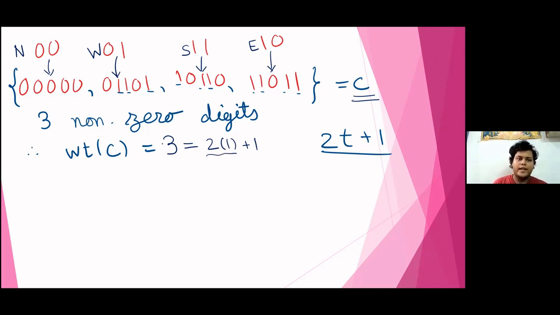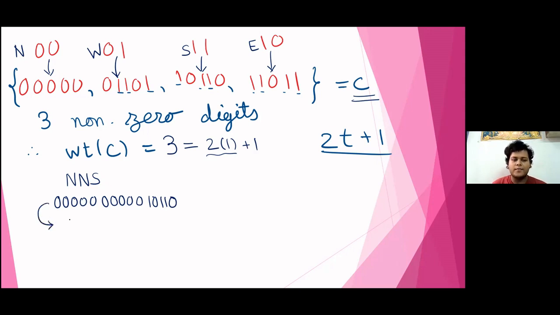So let us see how it will correct the errors. Again, we use that same message NNS. So now our transmitted message will be 5 times 0, again 5 times 0, then 1 0 1 1 0.